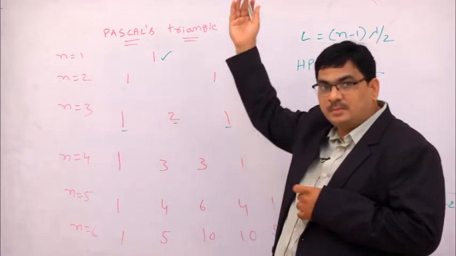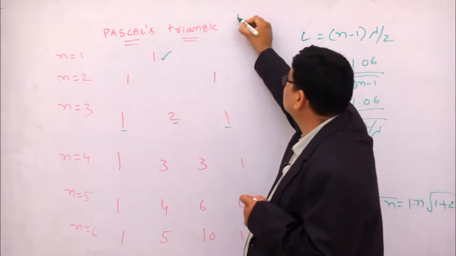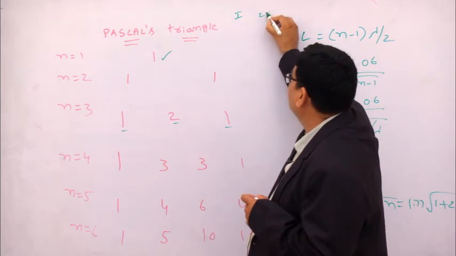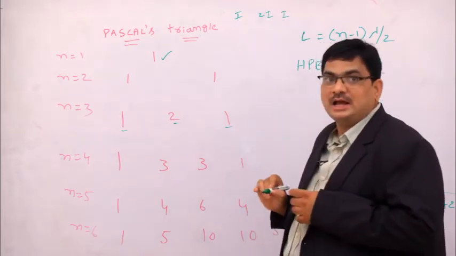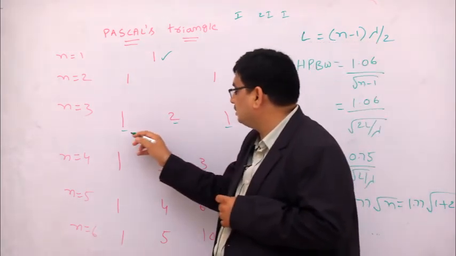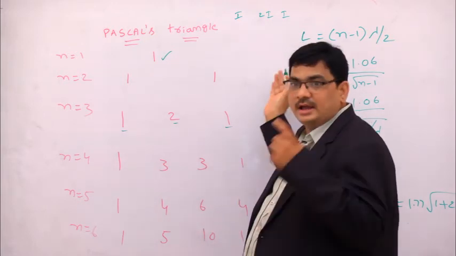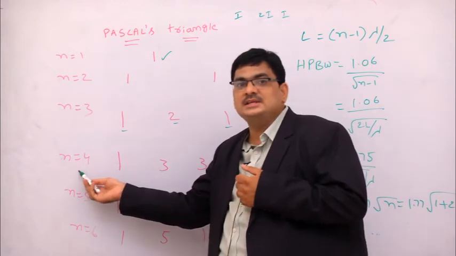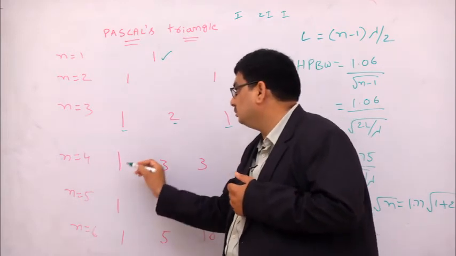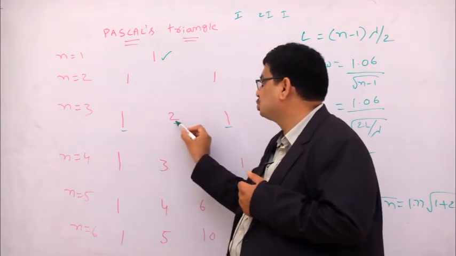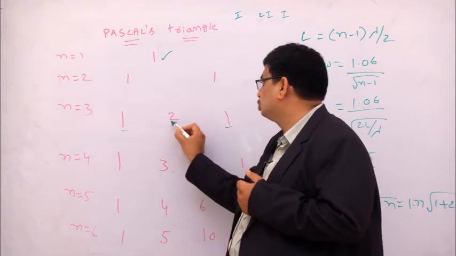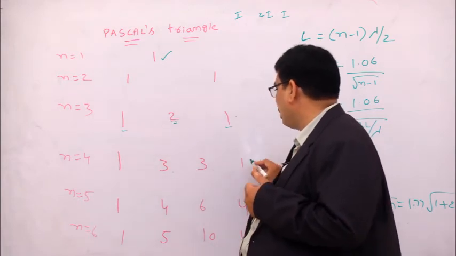So that's why in the previous example we are having the currents I, 2I and I. So that means using Pascal's triangle, we arrange our elements. For n is equal to 4: 1, 1 plus 2 is 3, 2 plus 1 is 3, and 1.